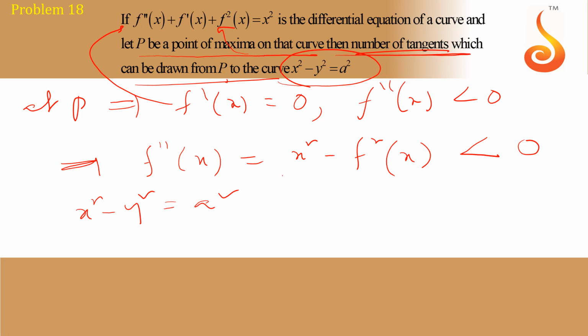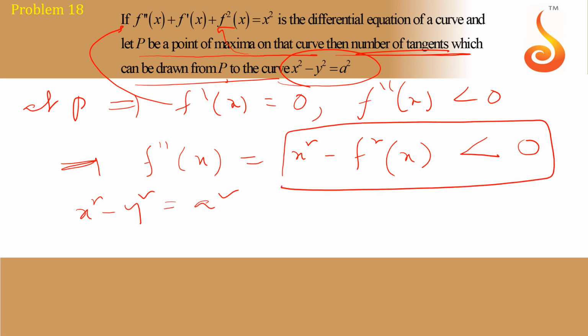And when we got this condition, x square minus f square of x is less than 0, can we say that x1 square minus y1 square is less than a square?